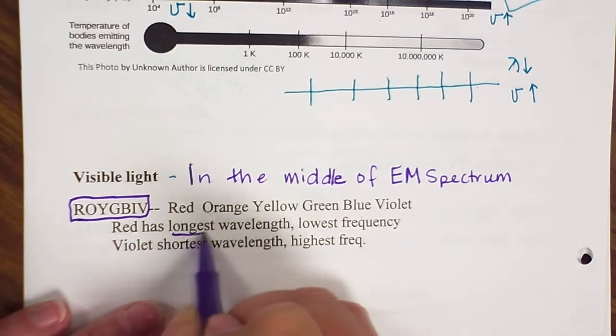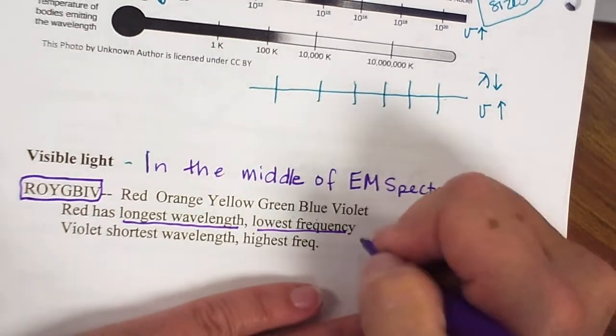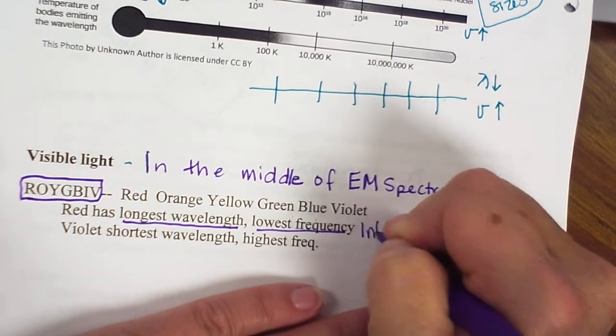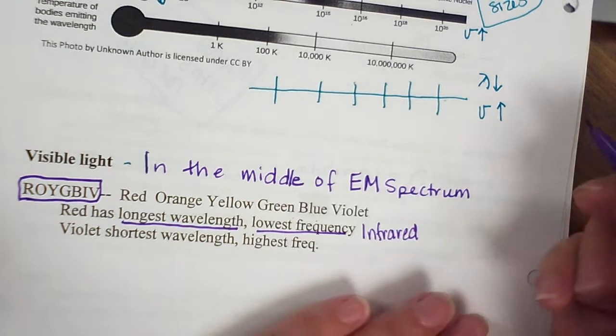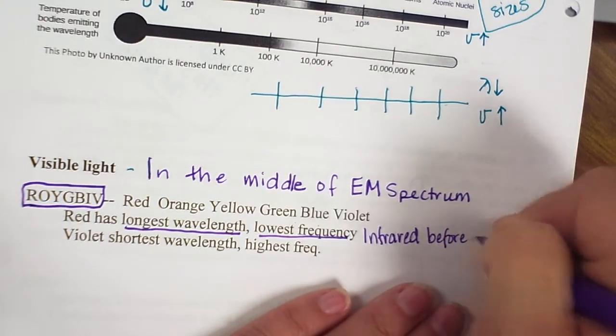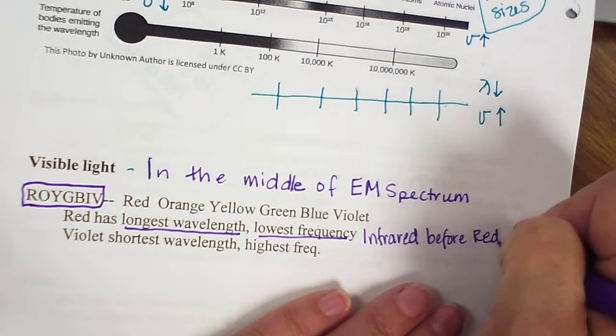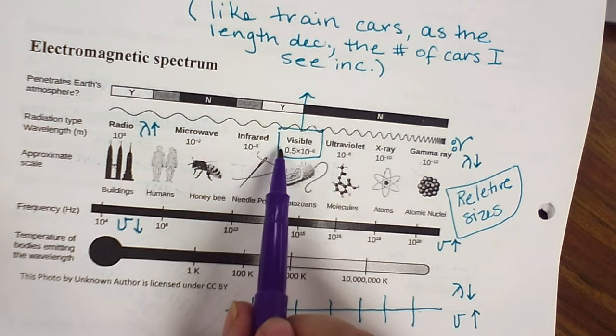Red has the longest wavelength and the lowest frequency. And infrared is before red. So if we go up here, you can see here's infrared, then would be red, right?